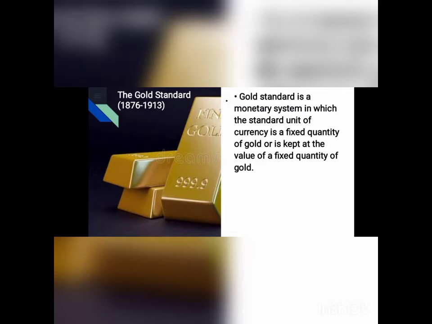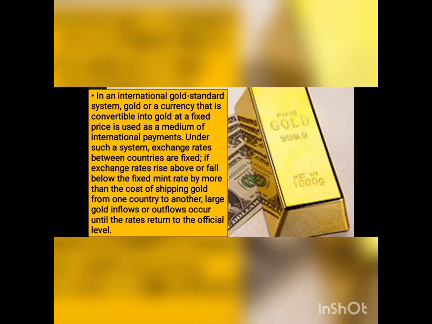The gold standard is a monetary system in which the standard unit of currency is a fixed quantity of gold or is kept at the value of a fixed quantity of gold. In an international gold standard system, gold or a currency that is convertible into gold at a fixed price is used as a medium of international payments.